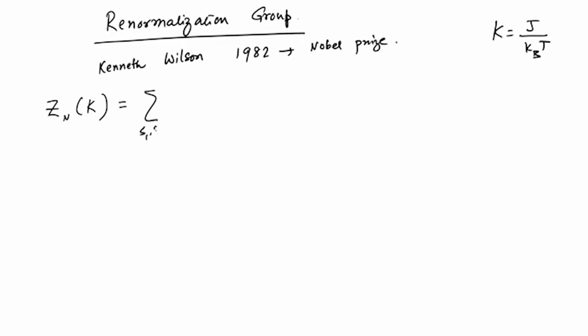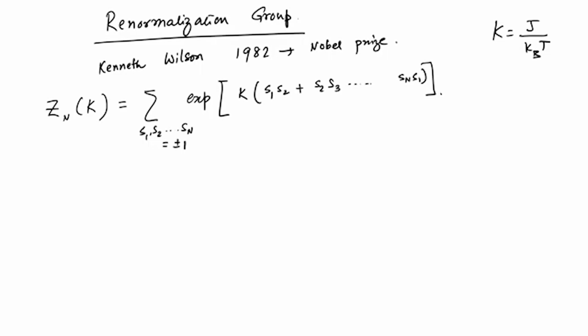So, S1, S2, all of them up to Sn have values plus and minus 1. We started with a full chain where each site is occupied by a spin which has a plus or minus 1 value: S1, S2, S3 and so on, up to Sn.